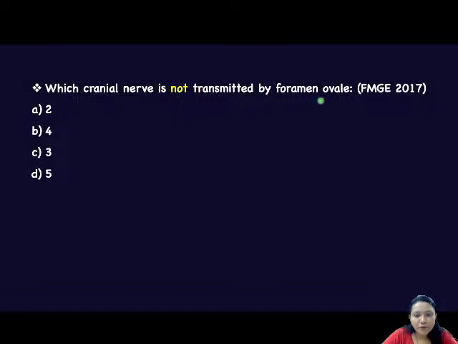by foramen ovale? Okay, first attempt this: which cranial nerve is not transmitted by foramen ovale? They have given 2, 4, 3 and 5. Through foramen ovale, which cranial nerve is not transmitted?